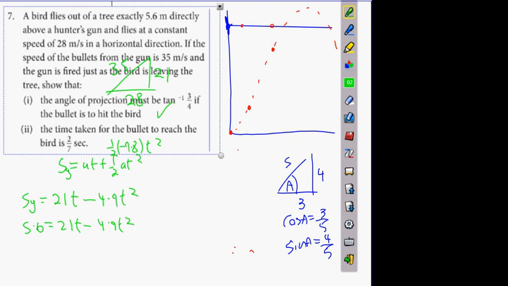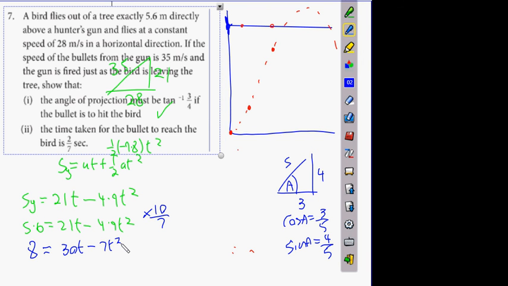Multiply everything by 10, and then divide by 7. So in a way, I'm multiplying by 10 and then dividing by 7. So what I'm going to get is 49, 210, 56 divided by 7. That's going to turn into 8. That's going to turn into 30. And that one's going to turn into 49 divided by 7, which is 7t squared.